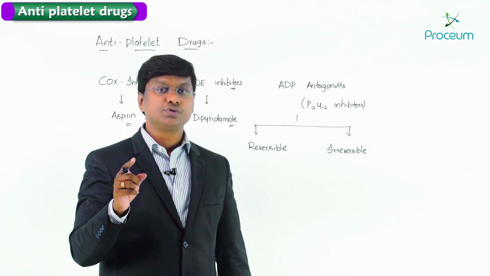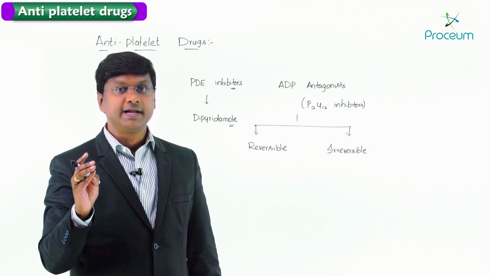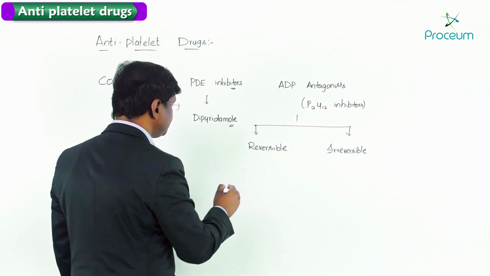So what are the examples of reversible? Reversible ADP antagonists are cangrelor as well as ticagrelor.